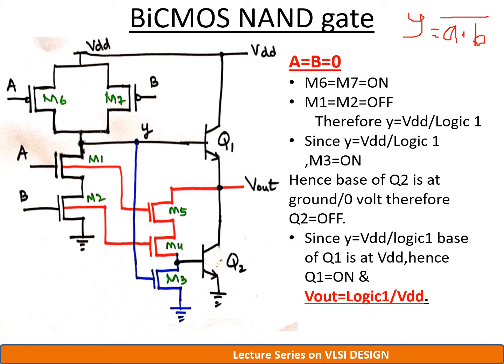So for the dot product, in the pull-down network both the transistors will be connected in series, and the pull-up network is the dual of the pull-down network. So A dot B, hence in the pull-down section both A and B are connected in series, and this pull-up network is the dual of N. Since both NMOSs are in series, PMOSs will be in parallel.